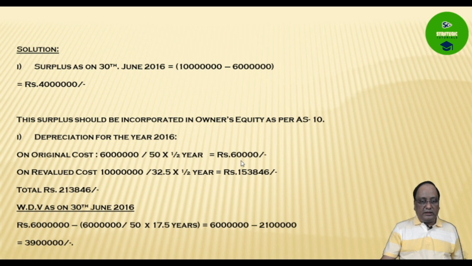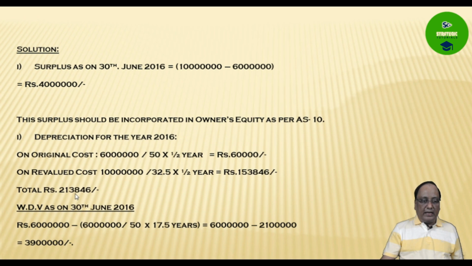So for half of the year, 60,000 is coming, and then the revalued cost, simply because from 1st July it has been revalued. So 1 crore, that is the remaining part, over 32.5 years remaining, is coming to 1,53,846.